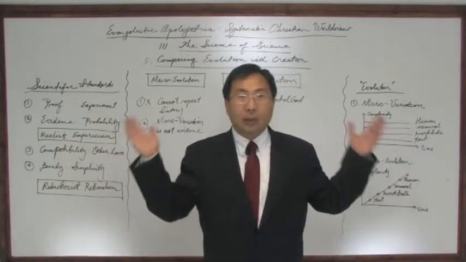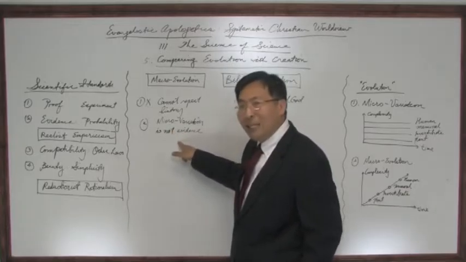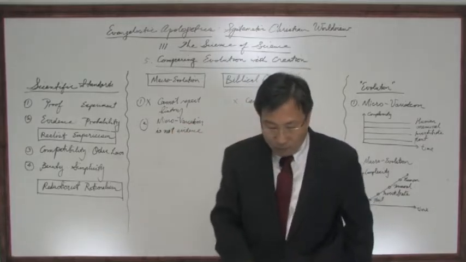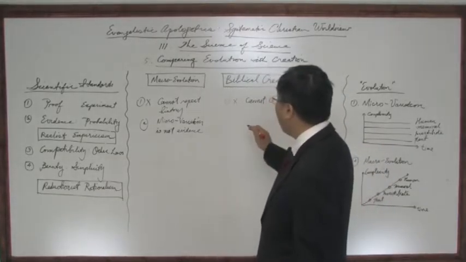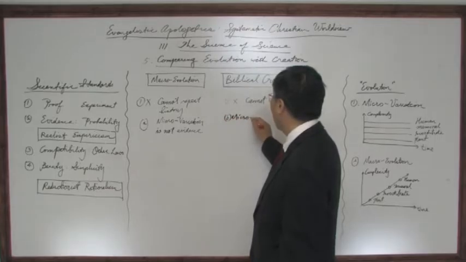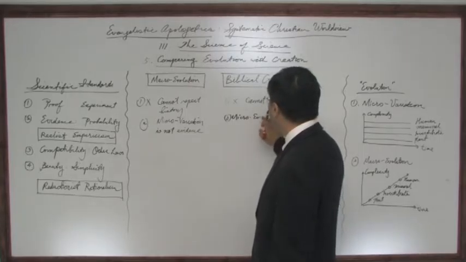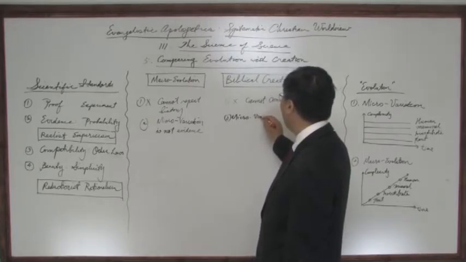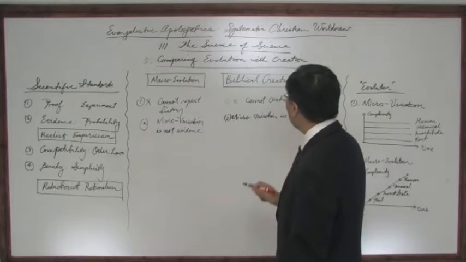So in other words, micro variation, not evolution, but variation, is an evidence for biblical creation.